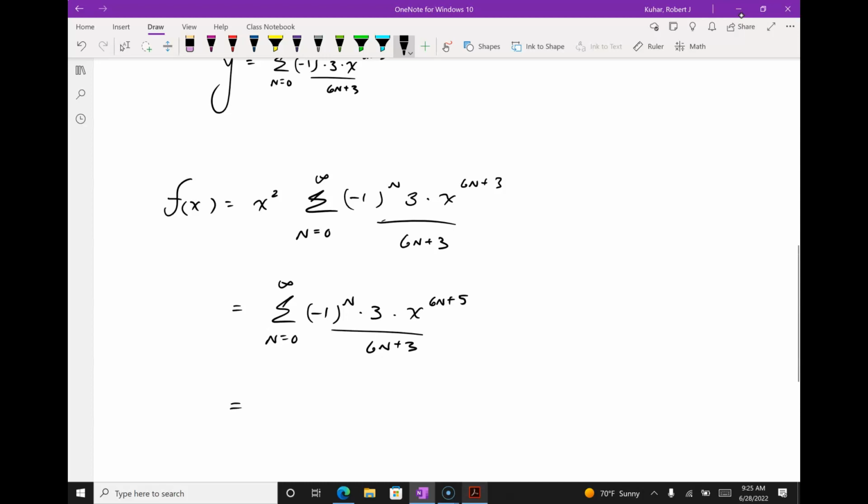It's going to be a little painful, but I want to write out a couple of terms here because I want to see what happens when I try and represent the original function. I need a little help, please. Looks like my first term is x to the 5th.